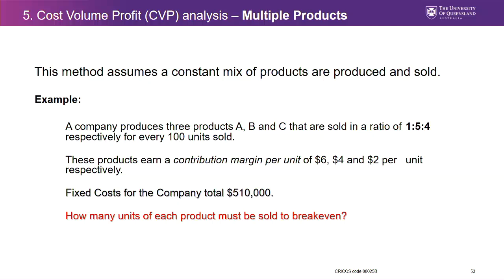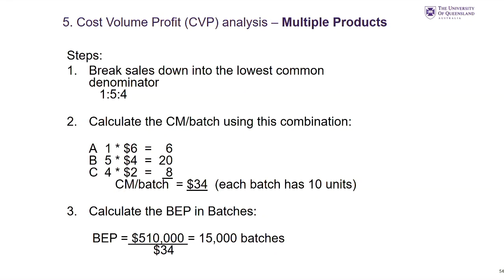So this question's asking us how many units of A, B and C do we need to sell to break even? So what we do is we calculate a contribution margin per batch. So that's fairly simple. You just take that ratio, and in this case it's at its lowest common denominator, and then you apply it to the contribution margins per unit.